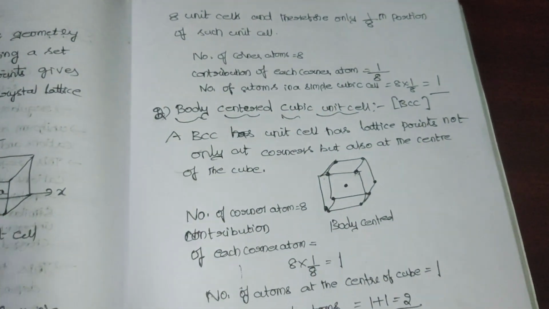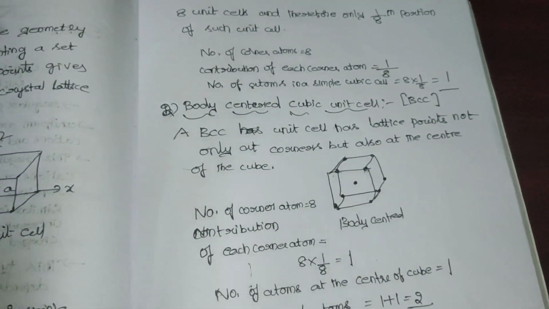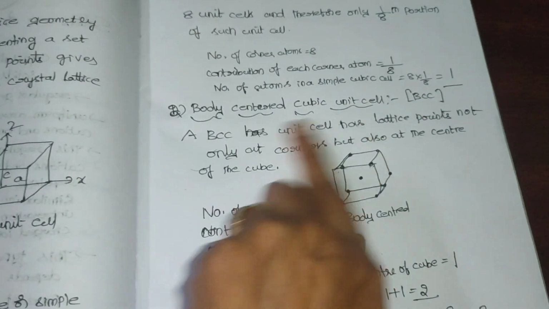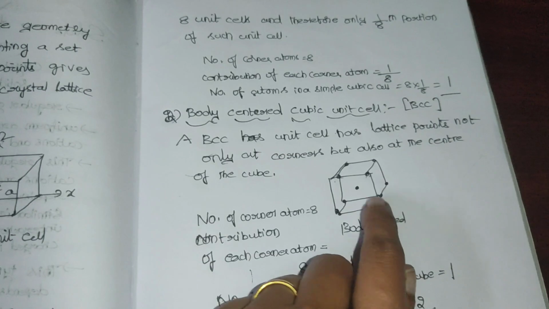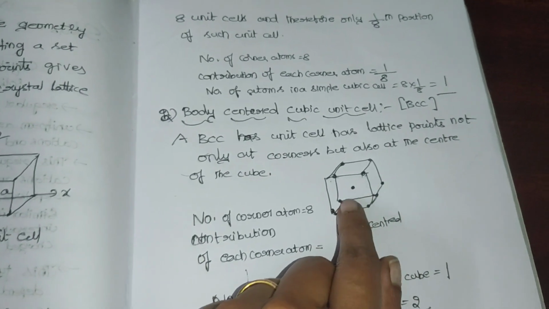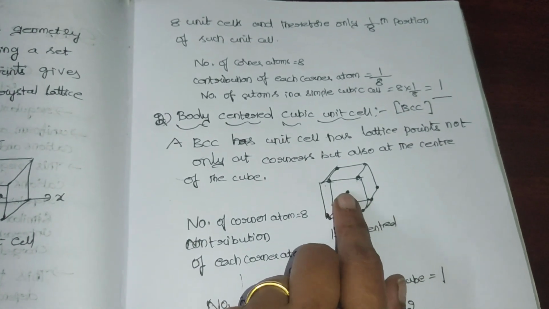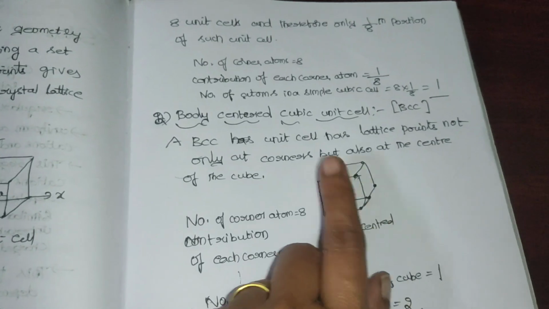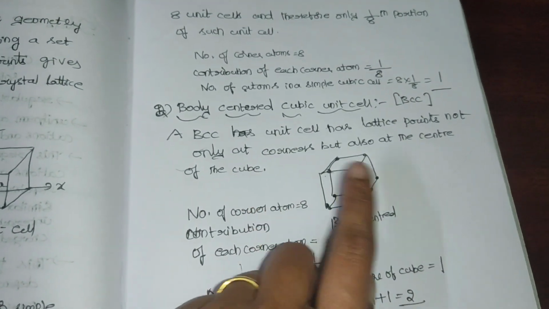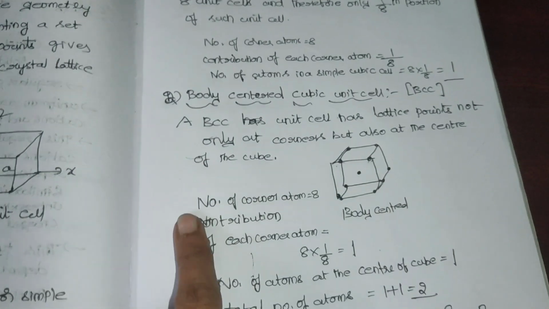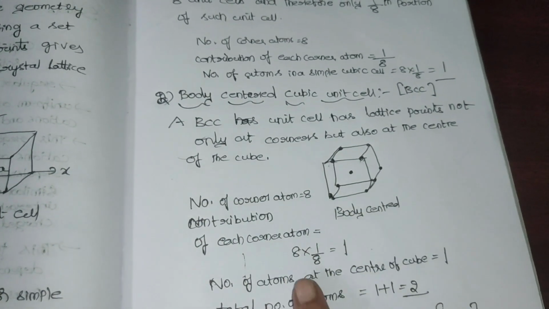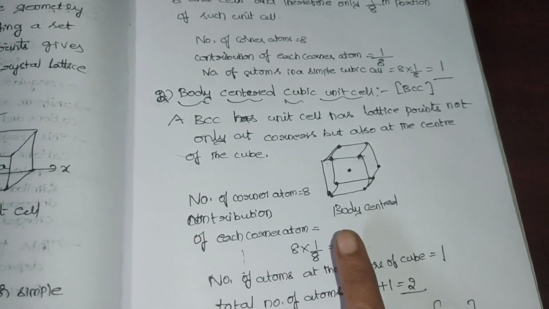Next, let us see what is a body-centered cubic unit cell. A body-centered cubic unit cell has lattice points not only at the corners but also one point at the center of the cube. The number of lattice points at the corners is 8, and the contribution is the same as in the primitive cell, 8 into 1 by 8, which is 1.